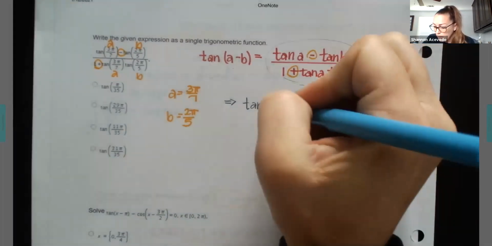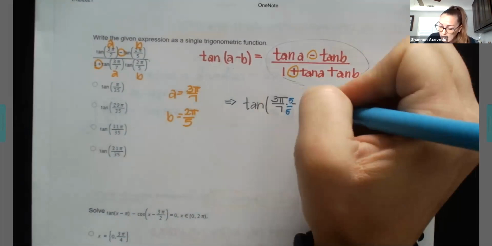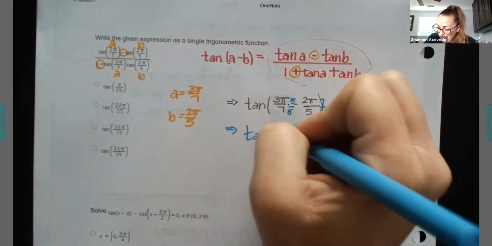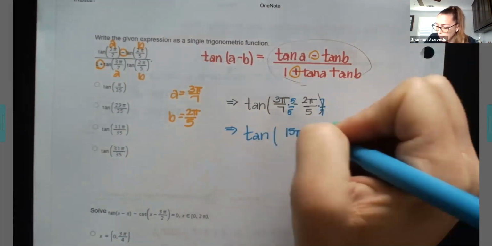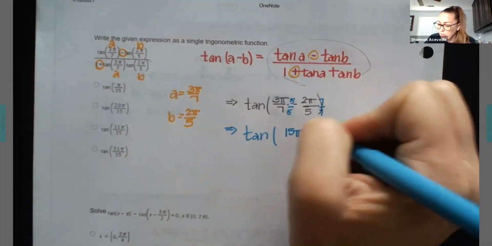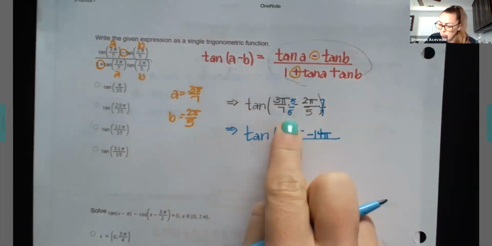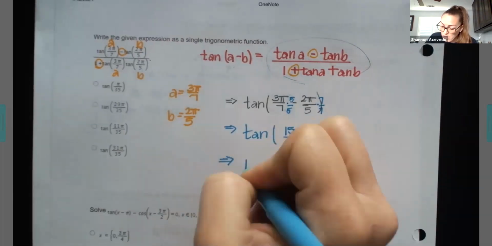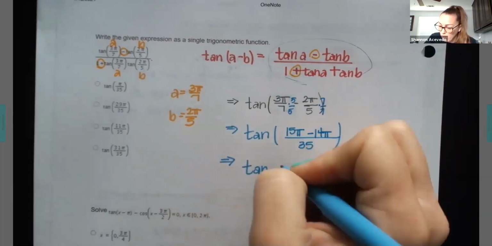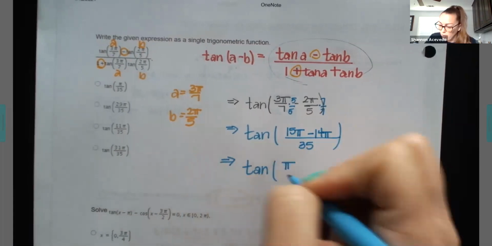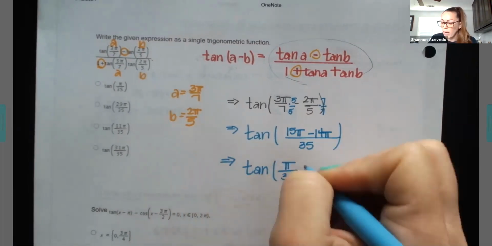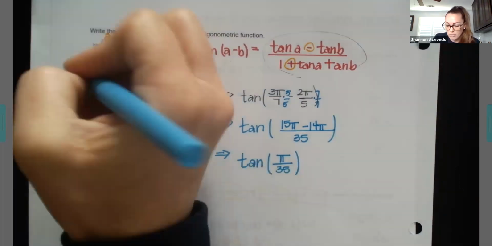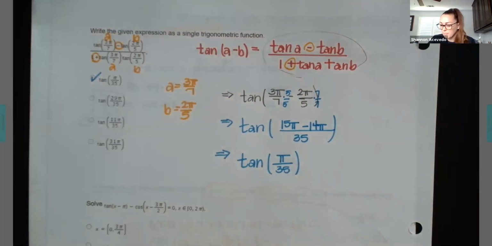I'm going to multiply this term by 7 over 7, and I get tangent, and it's going to be 15 pi minus 14 pi all over, so 7 times 5 is going to be 35. 15 pi minus 14 pi is just going to leave me with a pi all over 35. You could write 1 pi out in front. It's not necessary. And I could see that my answer matches right there. And we're done.